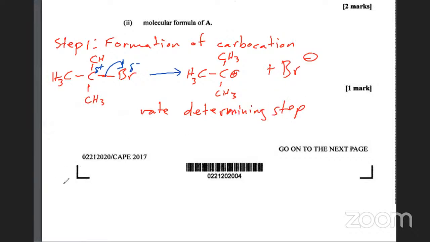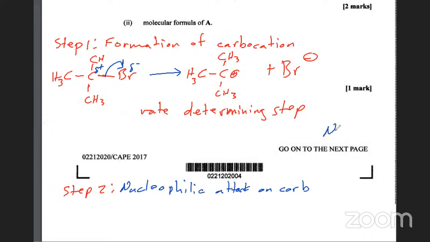And then what will happen in step 2? Nucleophilic attack on the carbocation. What is the nucleophile? The bromide ion? No. It could be water if it was hydrolysis, but here it's hydroxide. So it's a solution of sodium hydroxide.